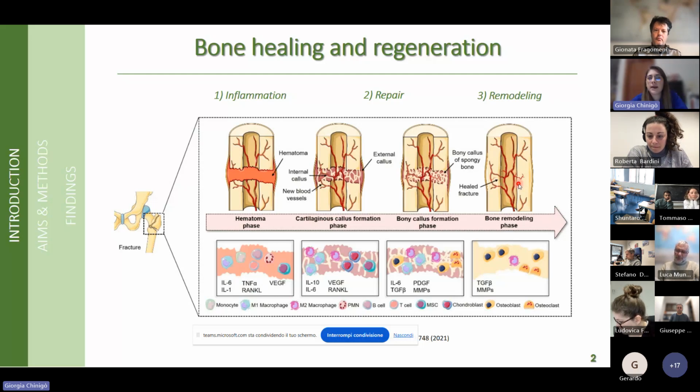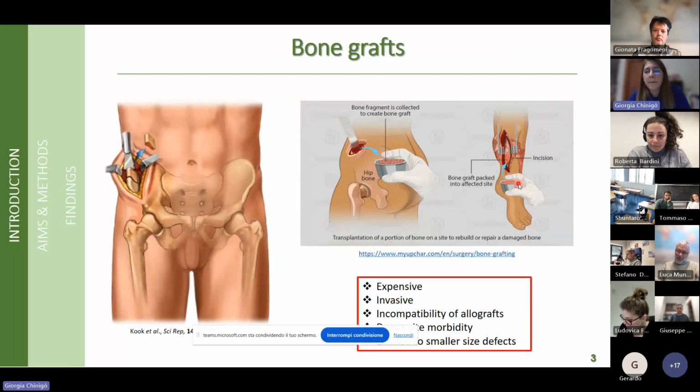for instance, after a severe trauma or congenital deficiency, osteoporosis, or other bone diseases, surgical intervention is required. Typically, the main procedure carried out in this case is based on the use of bone graft that can be directly derived from the patients, and in this case, we speak about autograft, or from compatible donors. In this case, we speak about allograft.